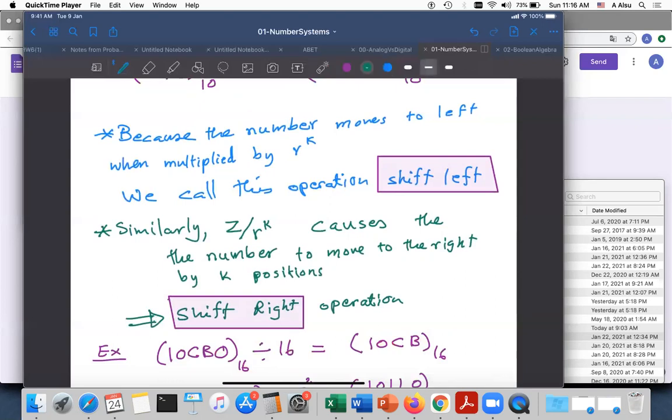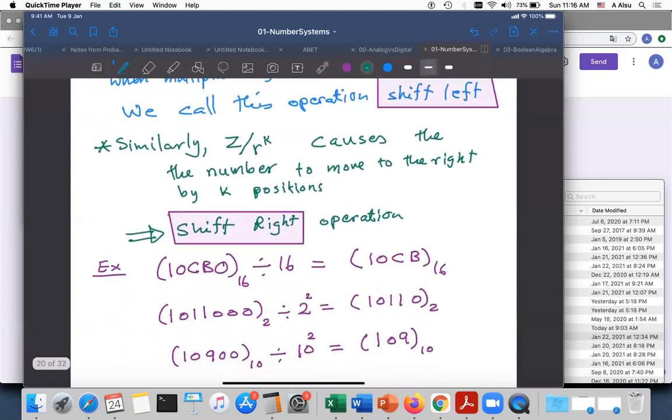If you remember in decimal, here we have 10900 in decimal. When divided by 100, you just get rid of these two zeros, and the answer will be 109, in decimal, of course.